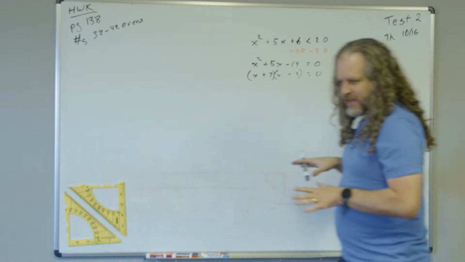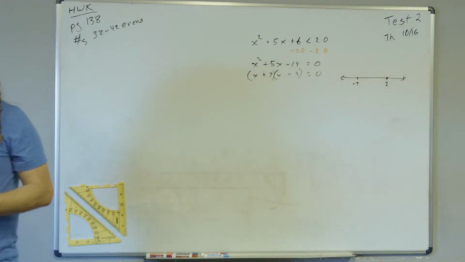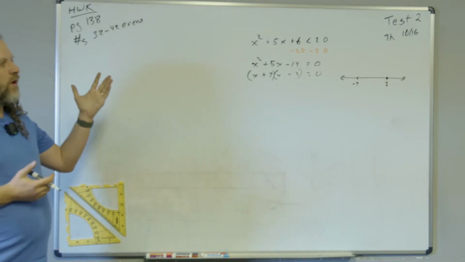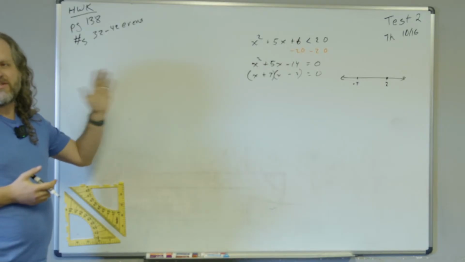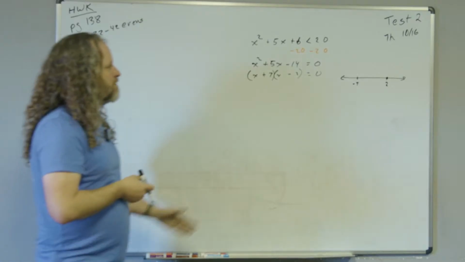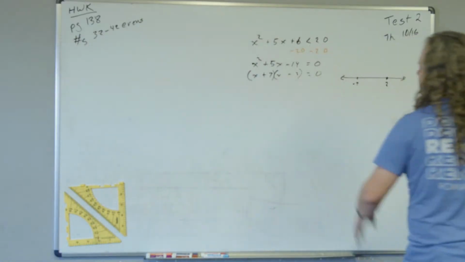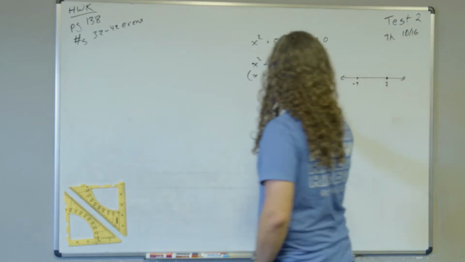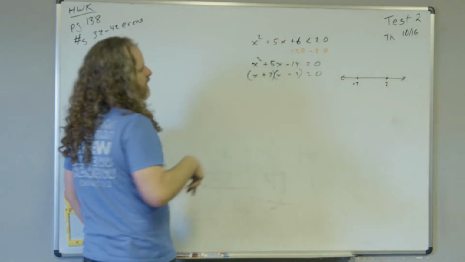Just like when we were solving linear inequalities in Algebra 1, if it works for one point in that chunk, it works for all the points in that chunk. So we pick a number over here. What number do we want to pick? -10. Sure, -10.